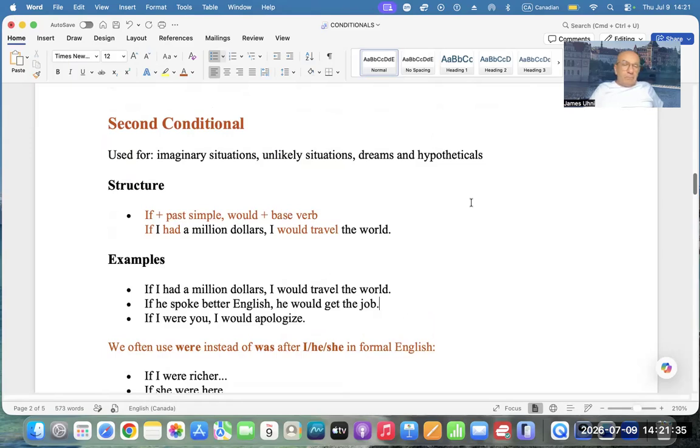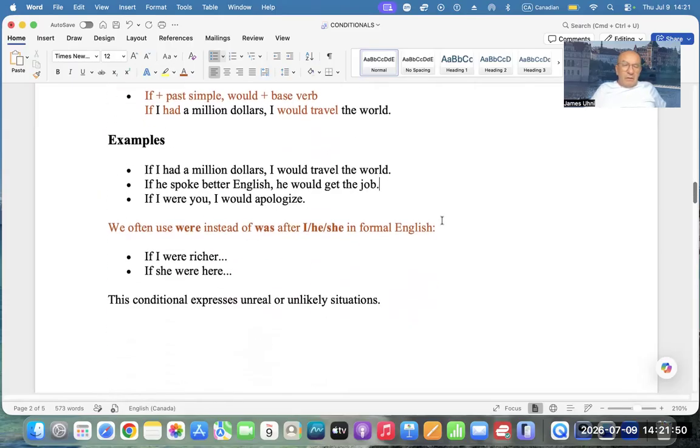Now, I will explain something different. Remember this, used for imaginary situations, unlikely situations, or dreams and hypotheticals in our life. Therefore, let's say there is, if I were richer, I would be happier, maybe. If she were here, I would be happier. That's fine.